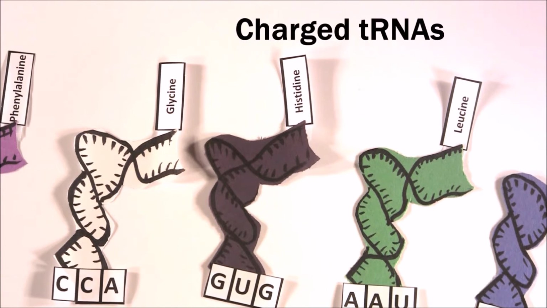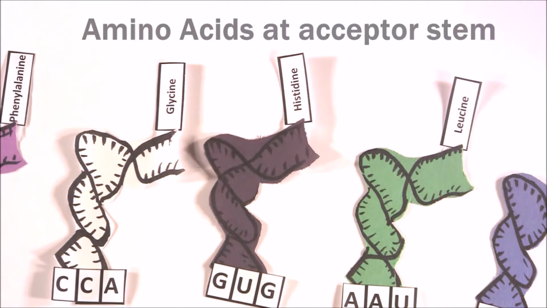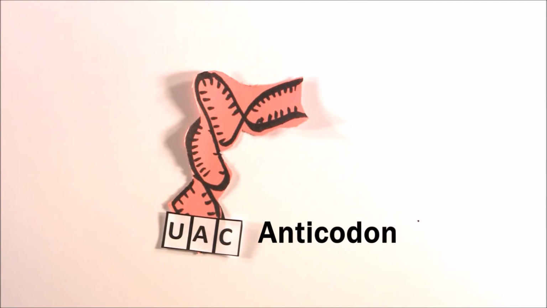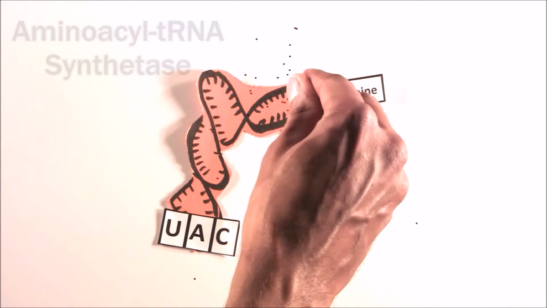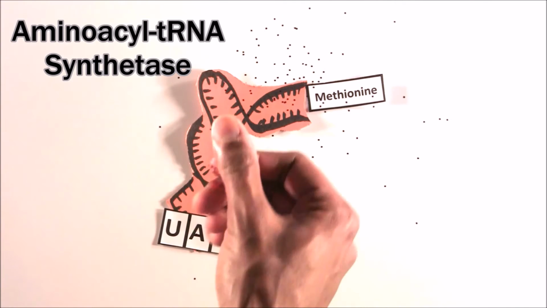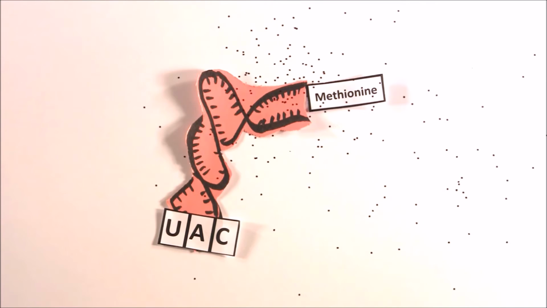What charged tRNAs means is that they have an amino acid at the acceptor stem. tRNAs are non-translated RNA molecules that function as our adapter molecule. They contain a 3 nucleotide sequence known as the anticodon, which is complementary to our codon nucleotides. Through the help of the enzyme aminoacyl tRNA synthetase, amino acids are added onto the acceptor stem of tRNAs.